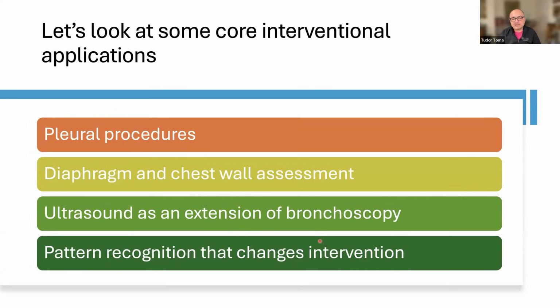And also a couple of words about pattern recognition and how that would change different interventions. As I said, this is not a comprehensive lecture. It's just a point of view which comes from our practice here in London and from the general practice with thoracic ultrasound in IP. So pleural procedures are basically the beginning.